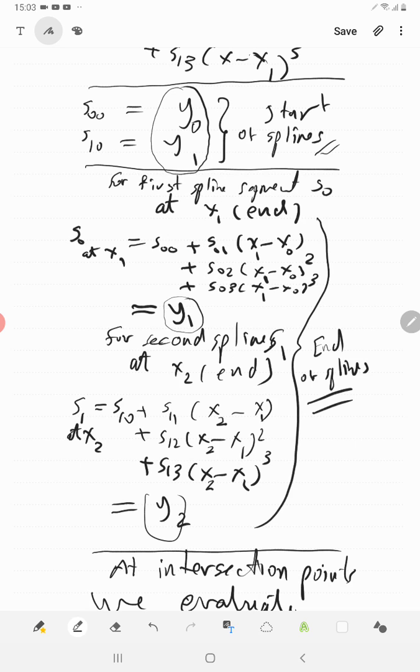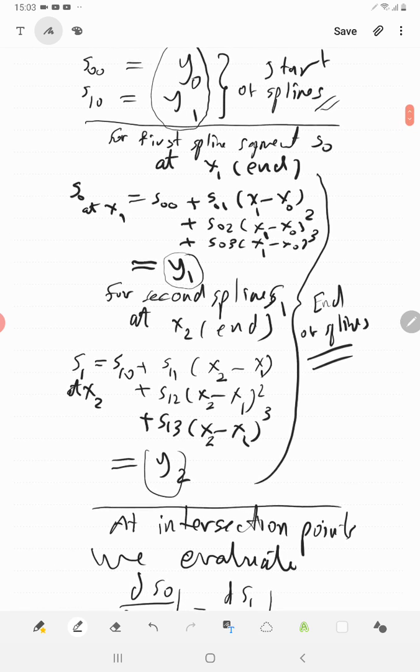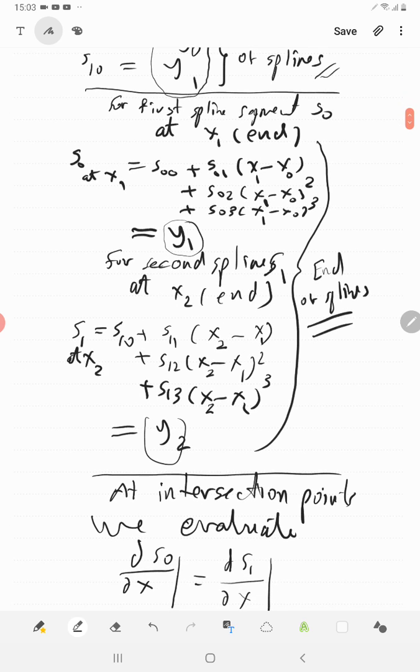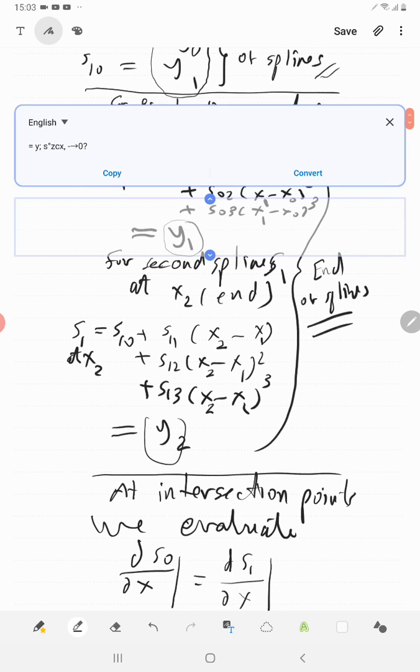But for the second one, evaluated at x2, it should equal only Y2.